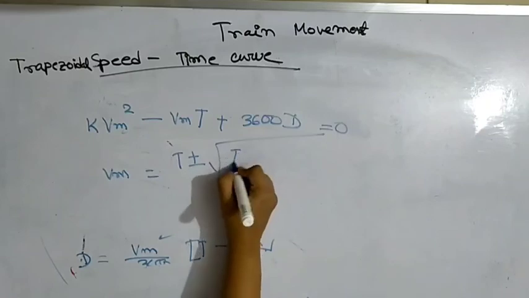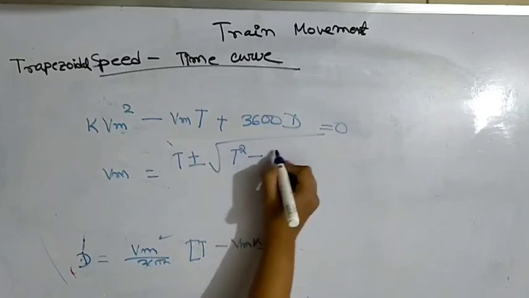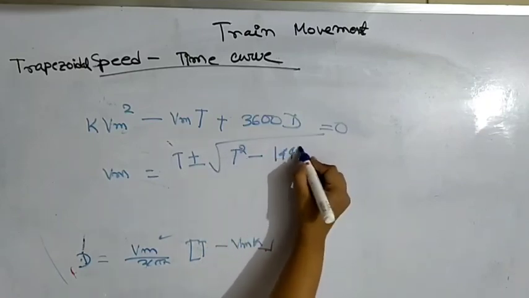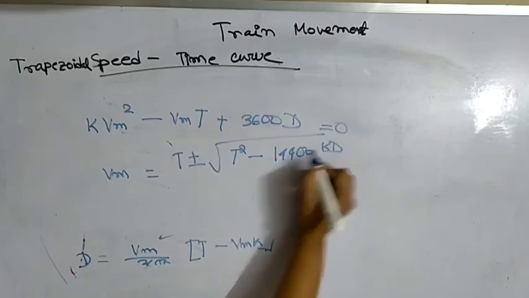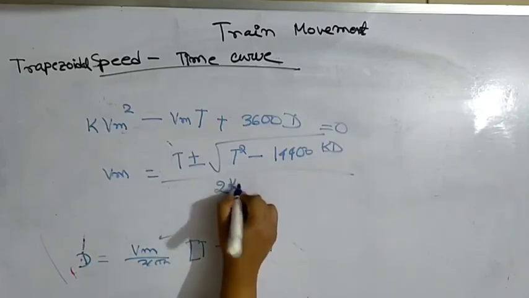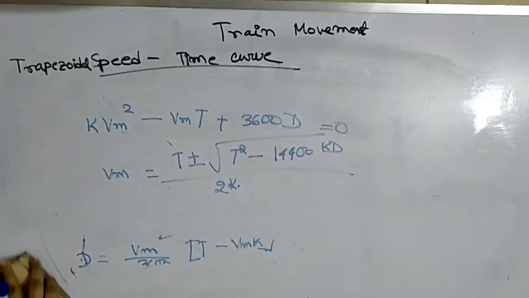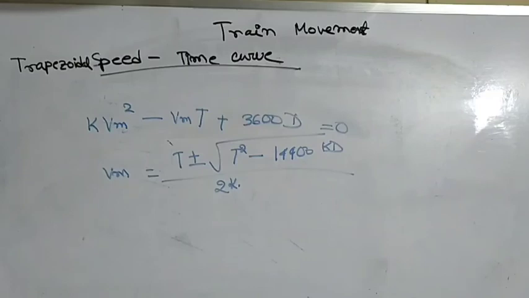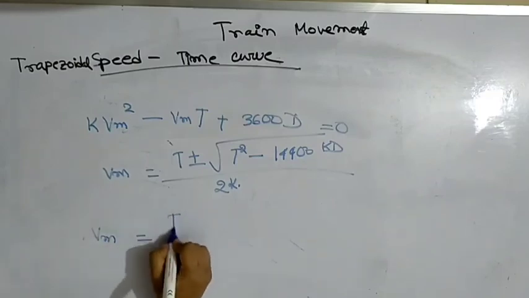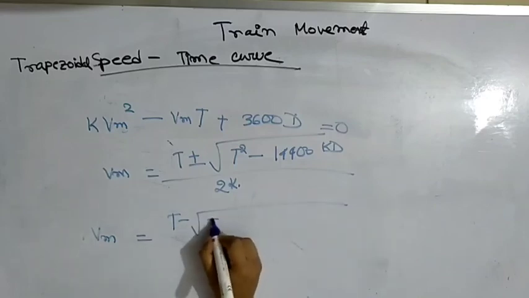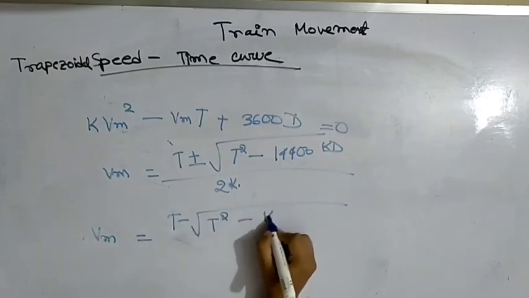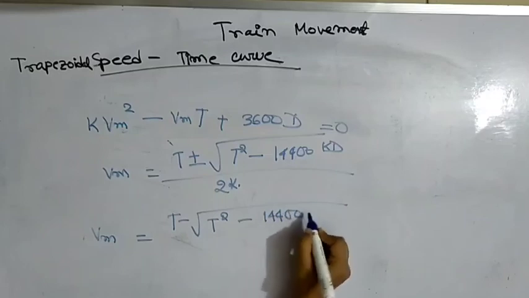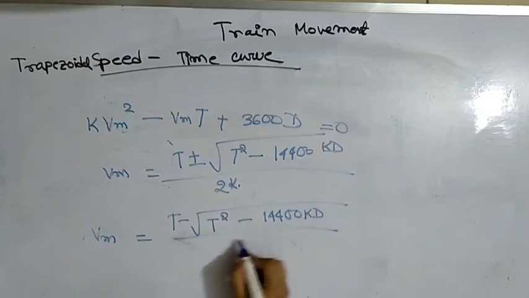This is equal to T plus or minus root over T square minus 14400 K D, by 2K. Now the positive sign gives a much higher value of Vm, which is not possible in practice, hence the negative sign is adopted. So the final value of Vm is T minus root over T square minus 14400 K D, by 2K.